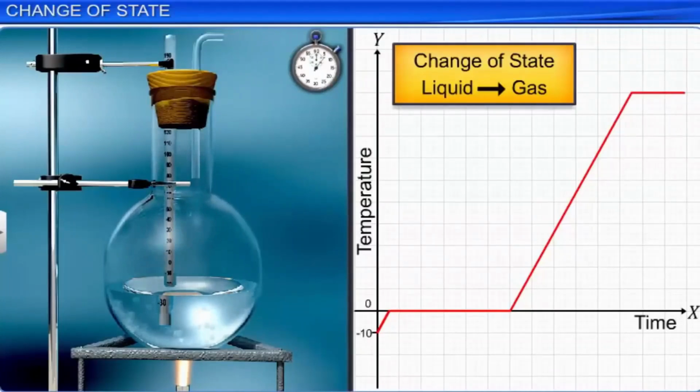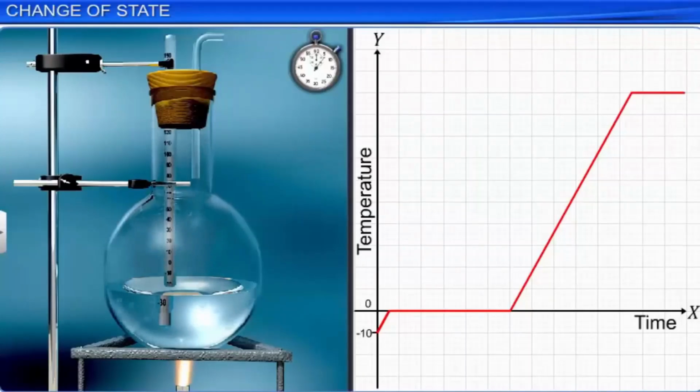The constant temperature at which the liquid and the vapor states of a substance coexist is called boiling point. The heat required to convert one unit mass of a substance completely from the liquid to gaseous state at its boiling point is called latent heat of vaporization and is denoted by LV.